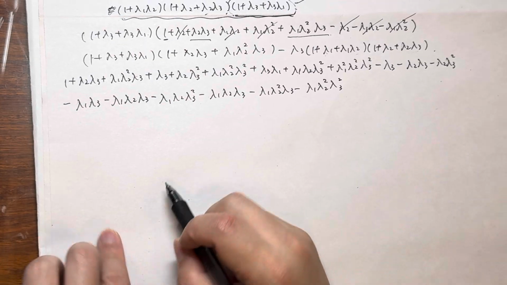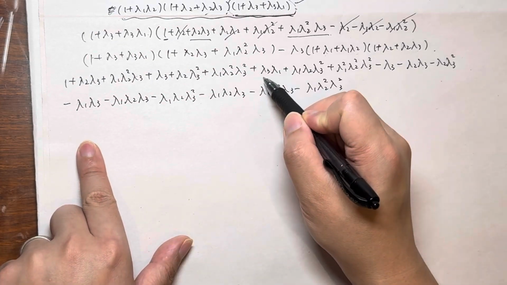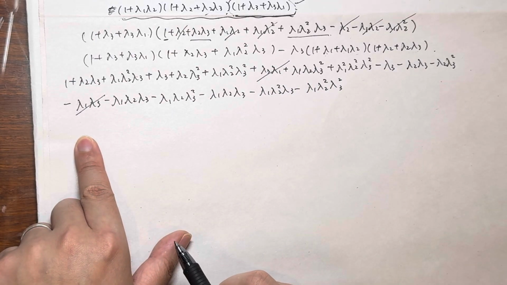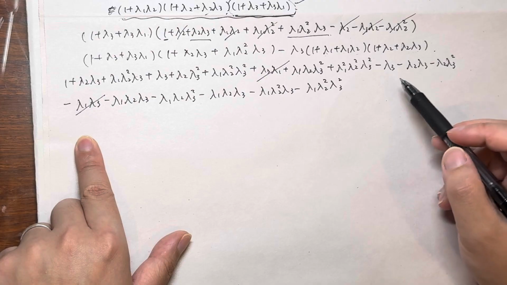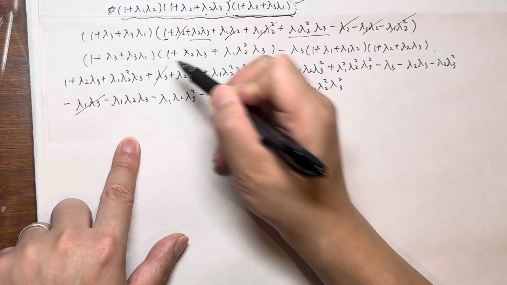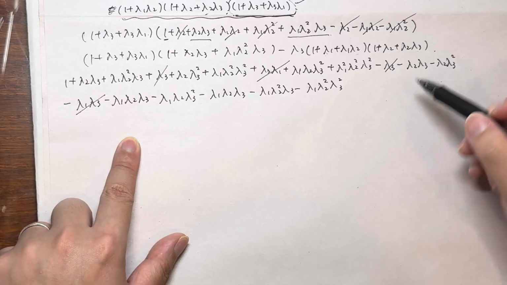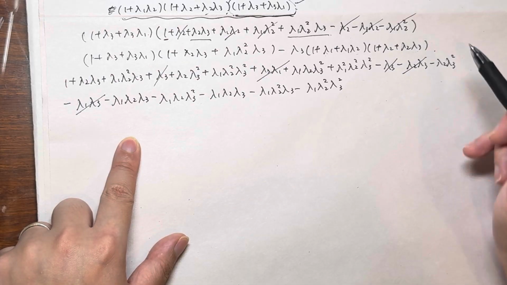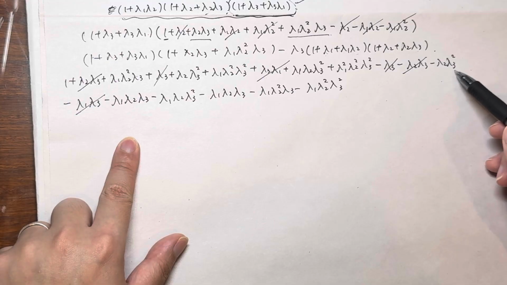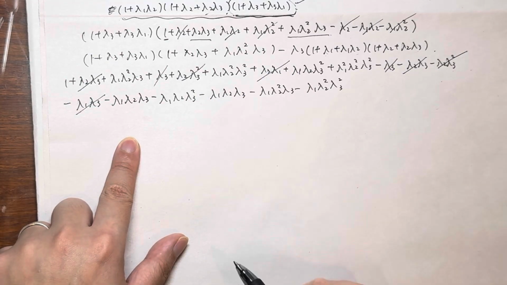And now we look at what we can cancel. We have lambda 3 lambda 1 here. We have this one, so we cancel. And we have lambda 3 here. We have lambda 3 here. Do we have lambda 2 lambda 3? Yes, we have it here. And do we have lambda 2 lambda 3 square? Yes, we have it here.